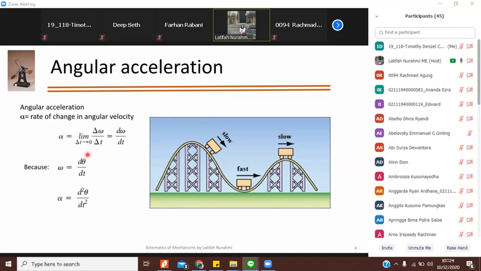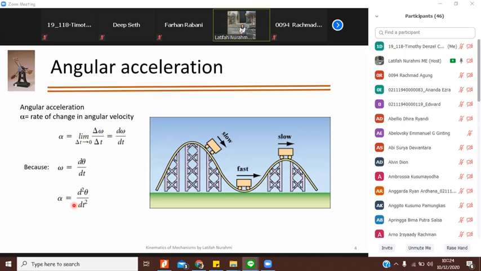So we have omega. Basically, you can define it either as theta dot for omega, or you can define it as omega. That's also fine. And alpha is the twice time derivative of angular position.